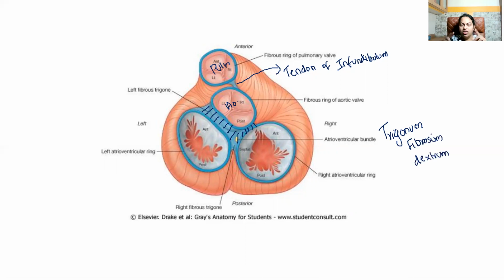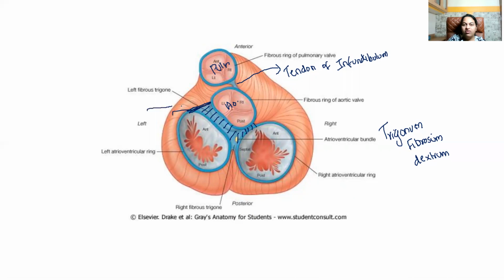Are you with me? So the collagenous tissue that extends between the aortic annulus and both the atrioventricular annulus is called trigonum fibrosum dextrum.